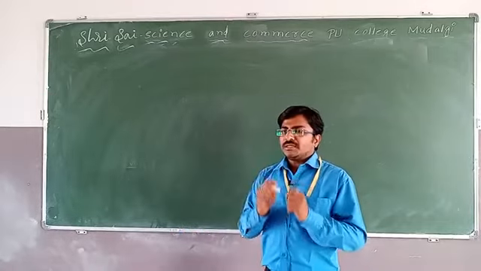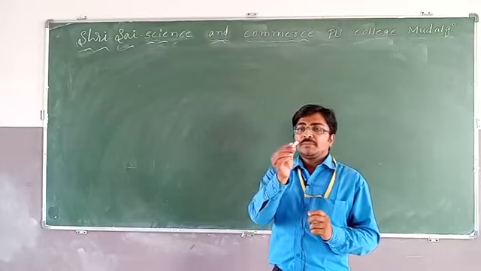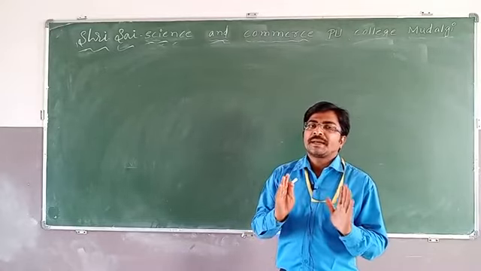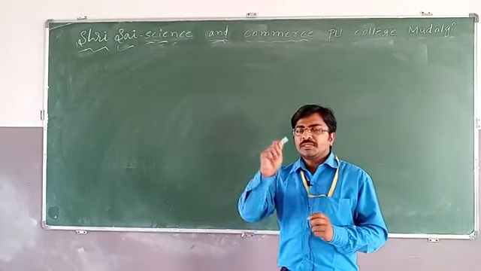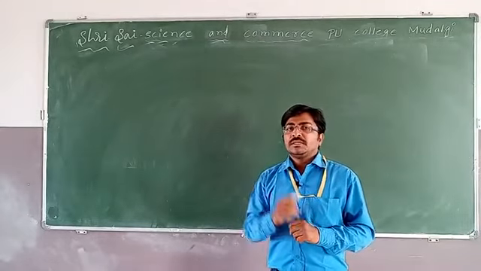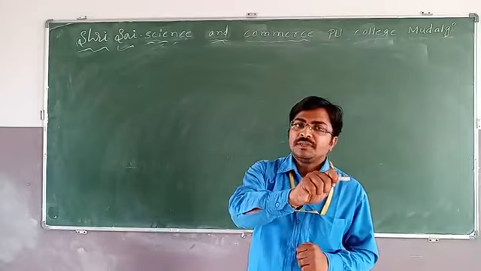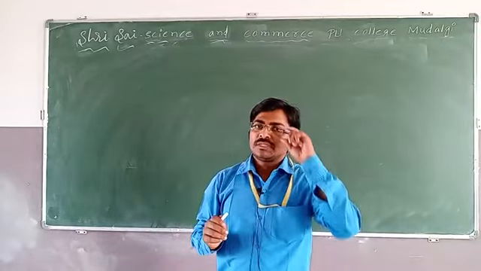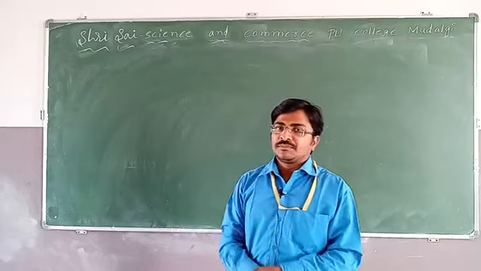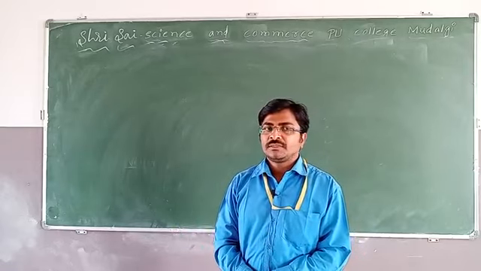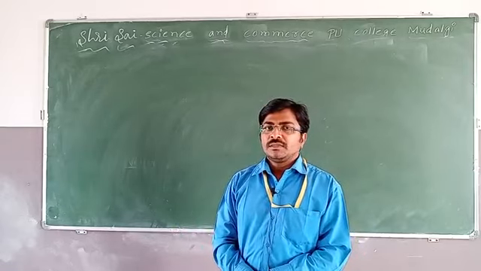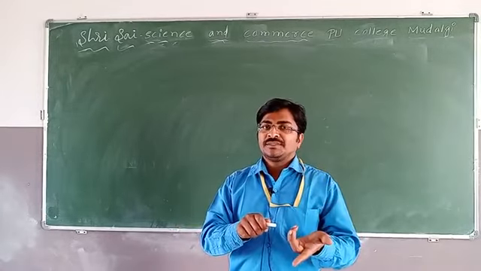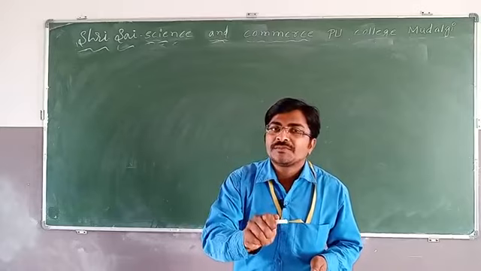If this moving charge enters into a magnetic field, it experiences a force, called the magnetic force. If it enters into an electric field, it also experiences a force, called the electric force. Fine. Simultaneously, if it enters a magnetic field as well as an electric field, it experiences a force called the Lorentz force.